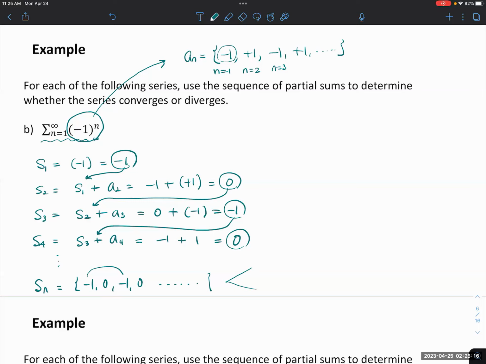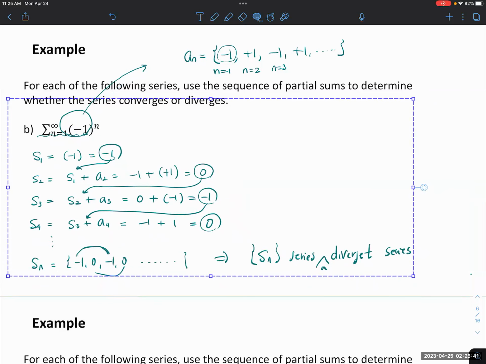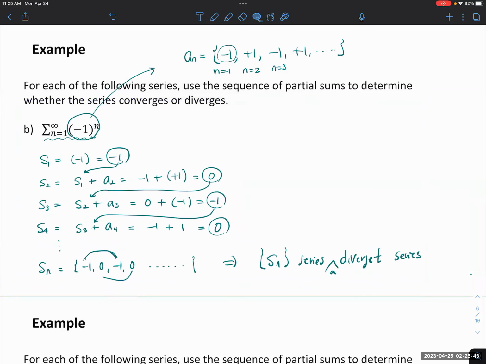This is going to be divergent. So therefore, the series Sn is divergent. That's the conclusion, because they are not going in one direction, but two different directions. So that's how you check whether the series, not sequence, is convergent or divergent.